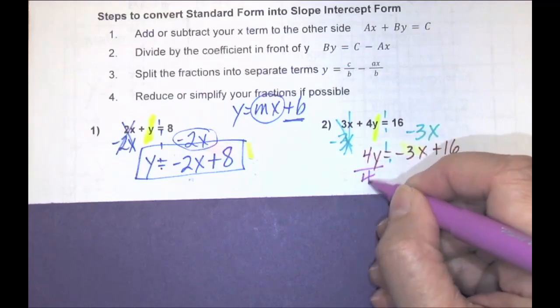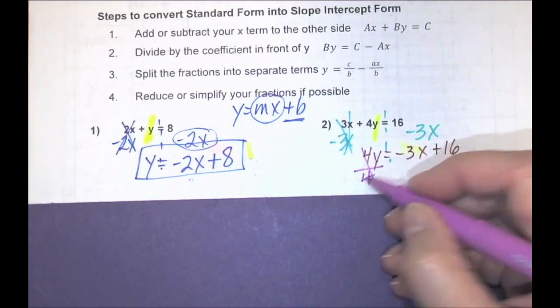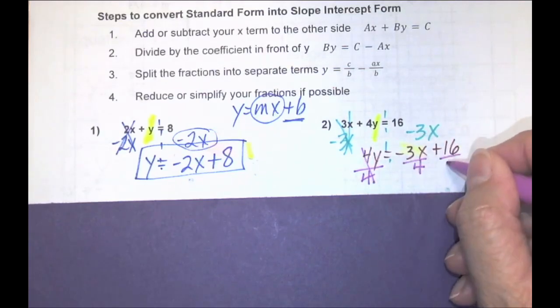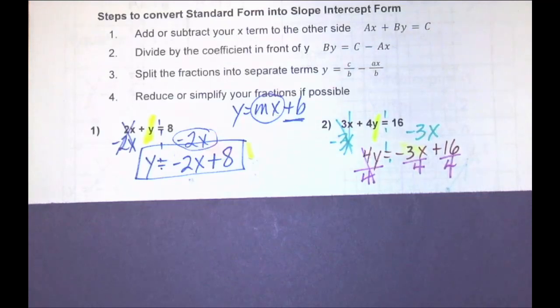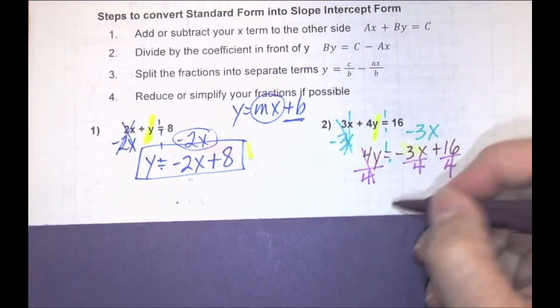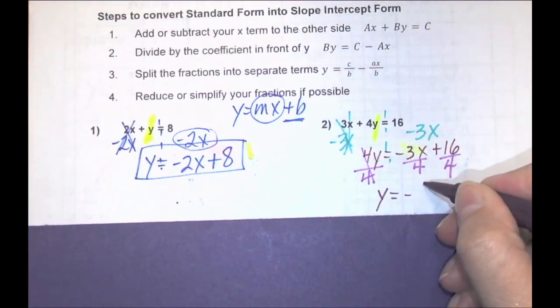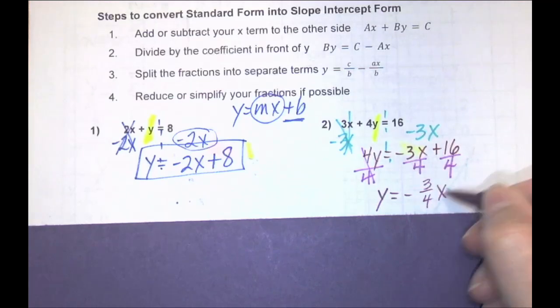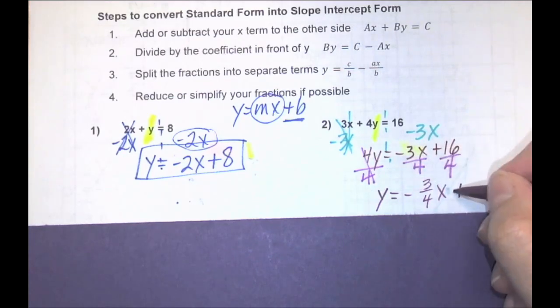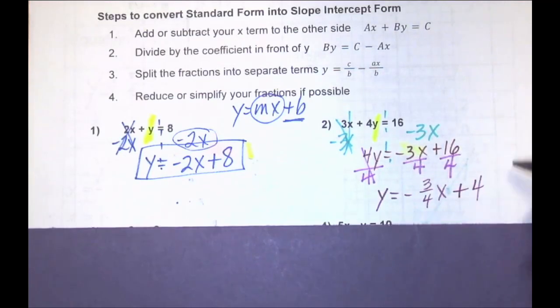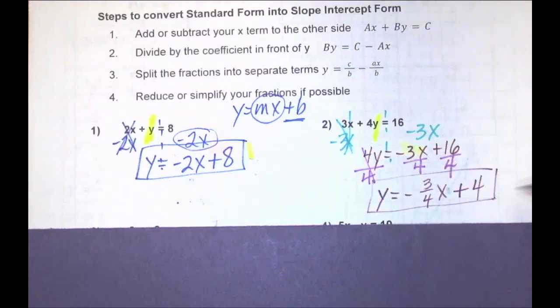The way I get rid of a coefficient, since it's multiplied, is to do the opposite, which is divide. I have to divide all the terms. So now I have y equals negative 3/4 x. That's as simplified as that gets. Plus 16 divided by 4 does divide nicely into 4.